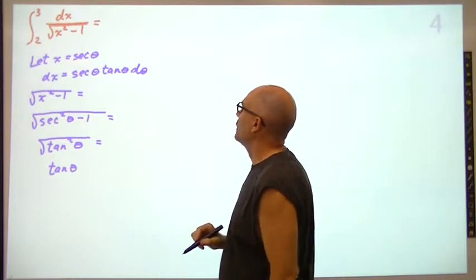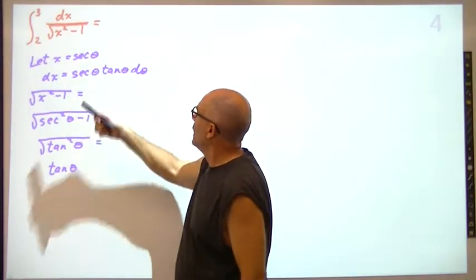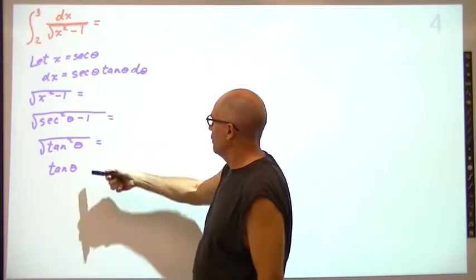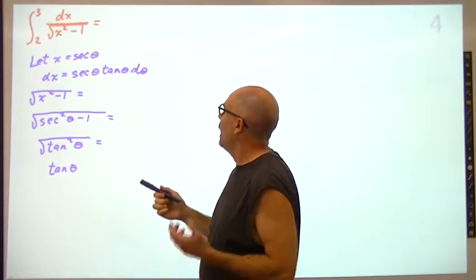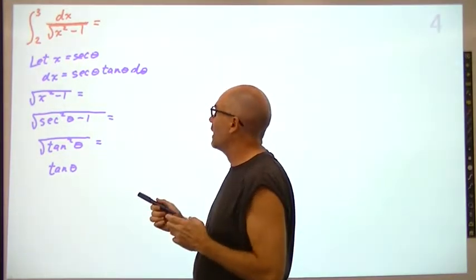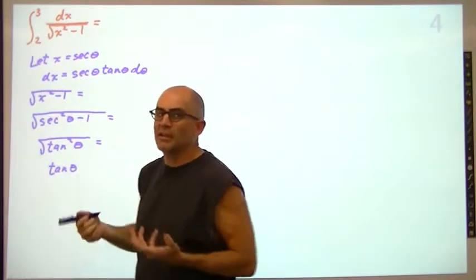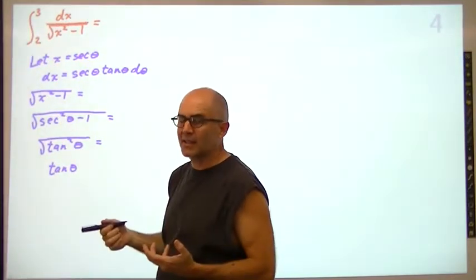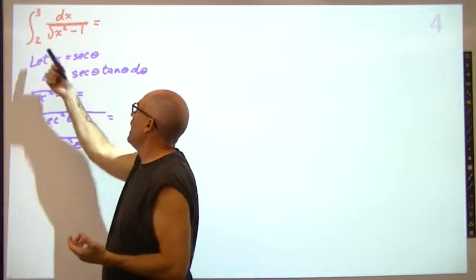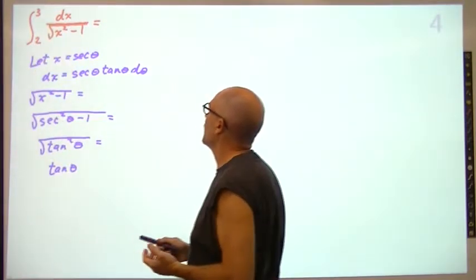Okay, so notice we have dx, we have the radical. That's it. Now, one more thing. Notice the limits of integration are in x. So we're going from x equals 2 to x equals 3.